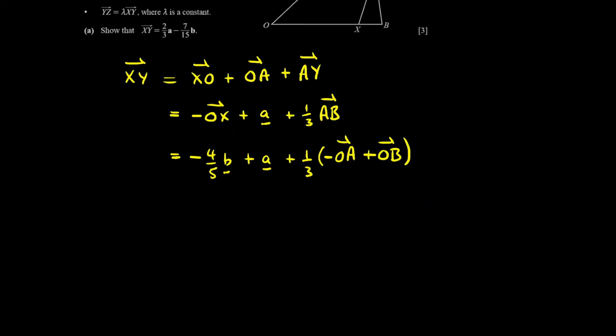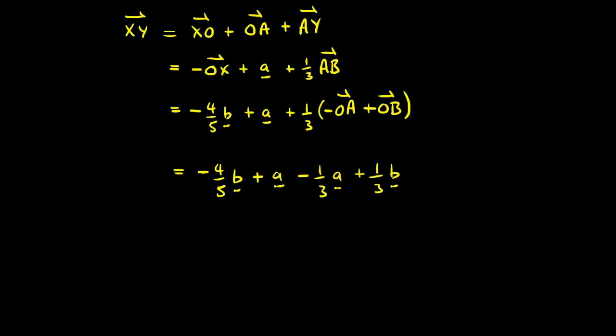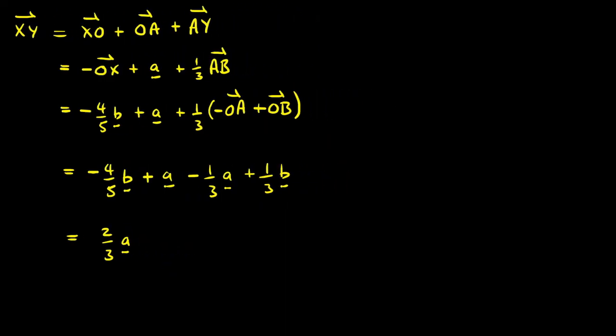So now it's just a case of simplifying, really. We've got minus 4/5 B plus A minus 1/3 of OA. Well, OA is just the vector A, and plus 1/3 of OB, so it's plus 1/3 of B. Let's collect together the A terms. We've got A minus 1/3 of A, which is 2/3 of A. And we've got minus 4/5 of B plus 1/3 of B. Let's calculate minus 4/5 plus a third, which means we've got to give everything the same denominator.